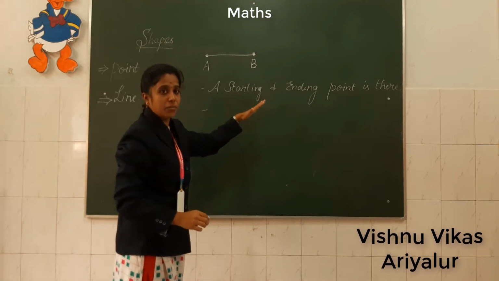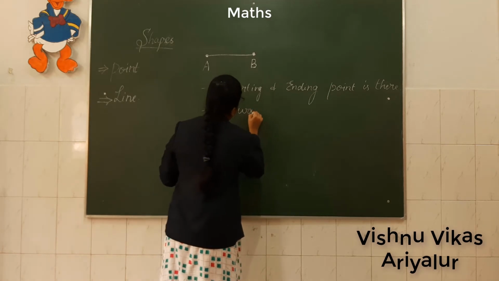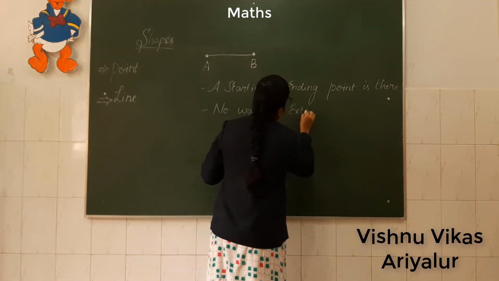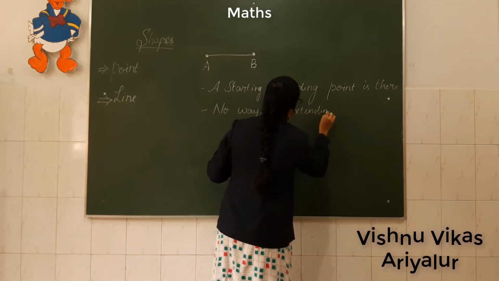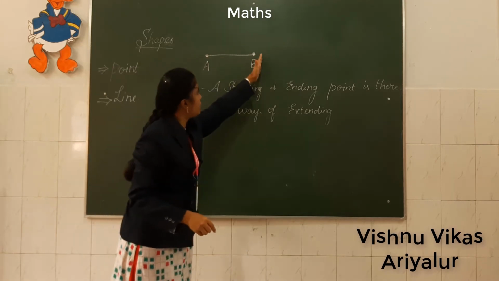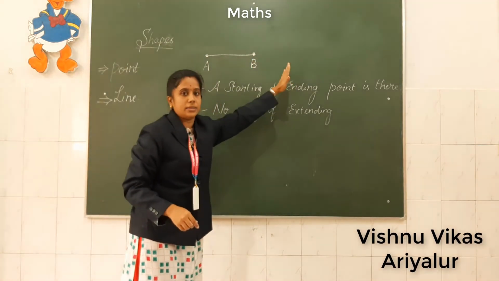Can you extend the line? No. No way of extending the line. Okay. So with starting point A and ending point B, you cannot extend here either. You cannot extend on the other side also.